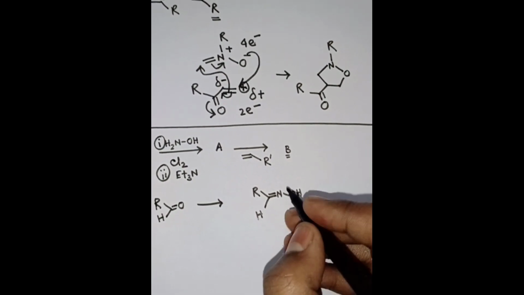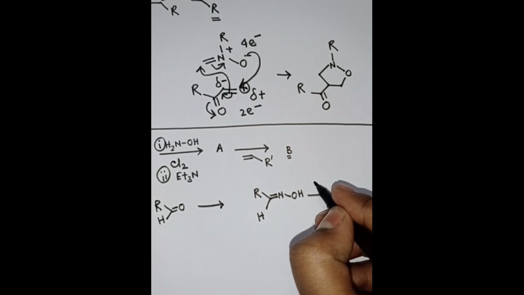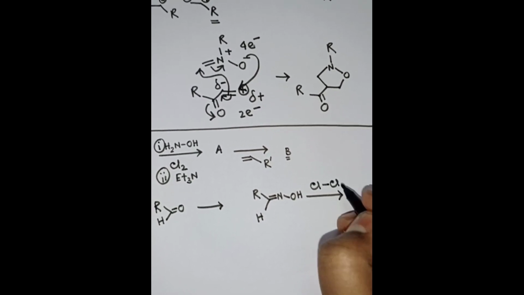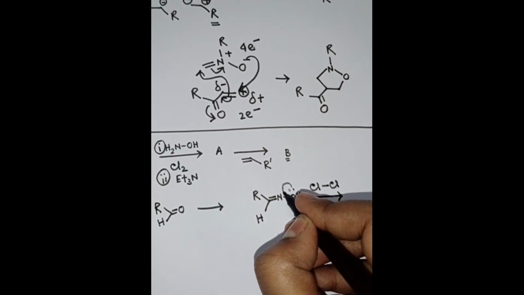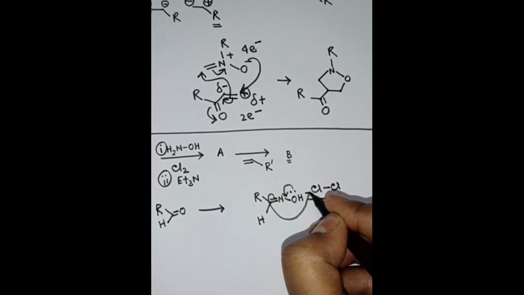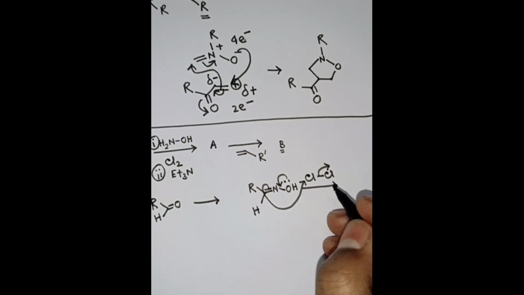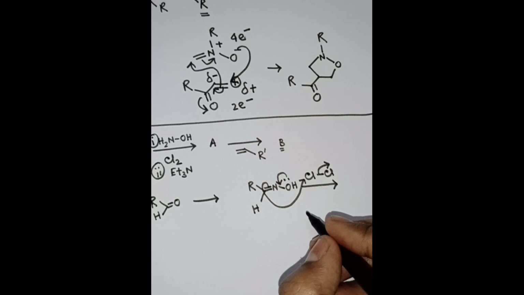Now what will happen? Chlorine is present, so this lone pair will come here, and this bond will attack on the chlorine center, and another will go out. So what we will get?